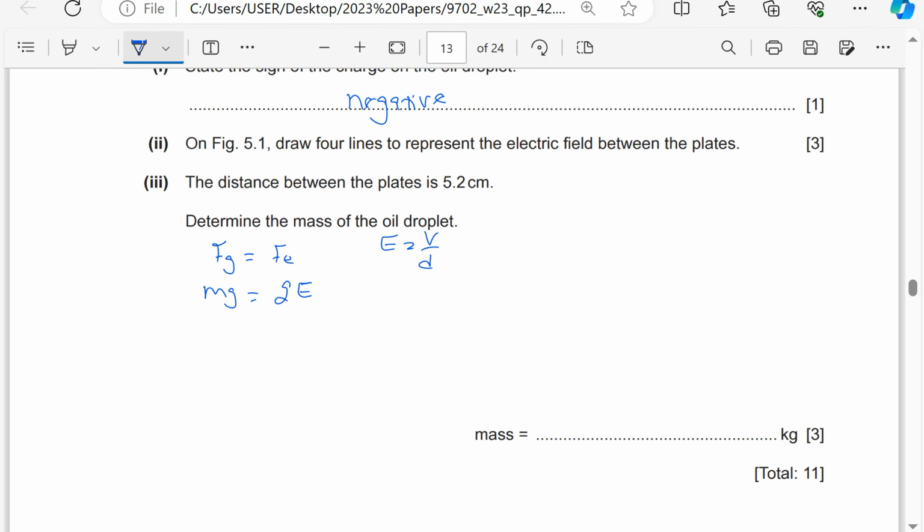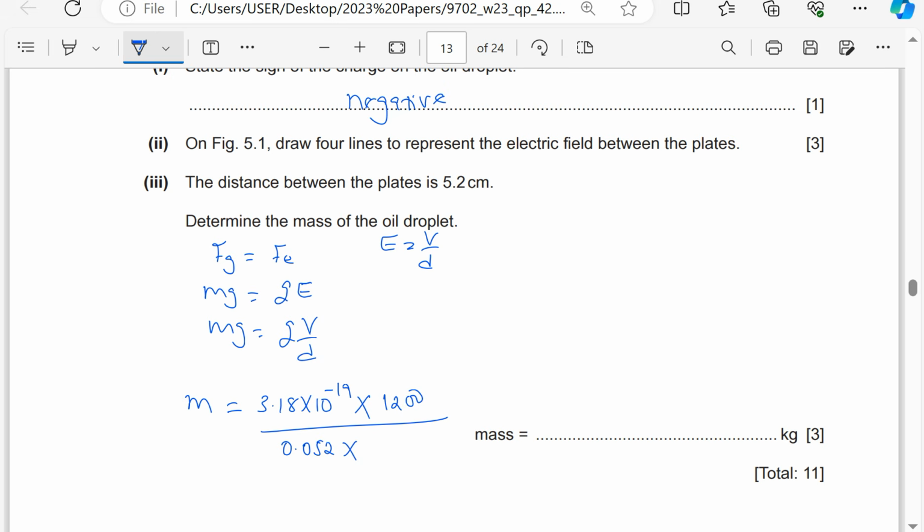So I'll simply say mg is going to be Q times V over D. I'll just make m the subject and substitute. So the mass is going to be the charge, which is 3.18 times 10 to the power of negative 19, times V, which is 1,200, divided by D. D is 5.2 centimeters, which is 0.052 in meters.